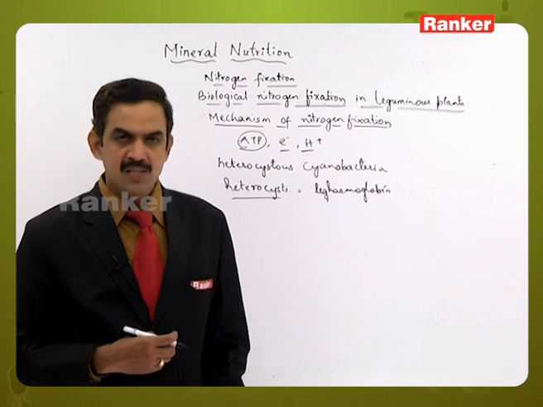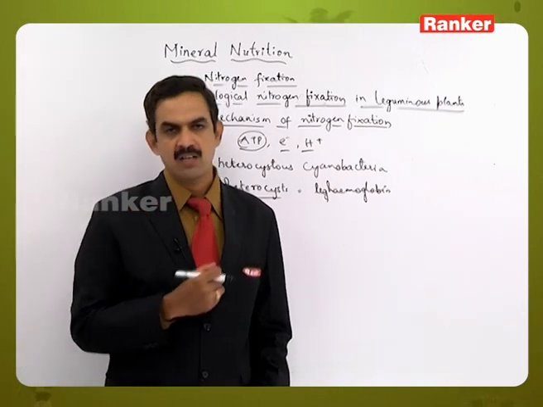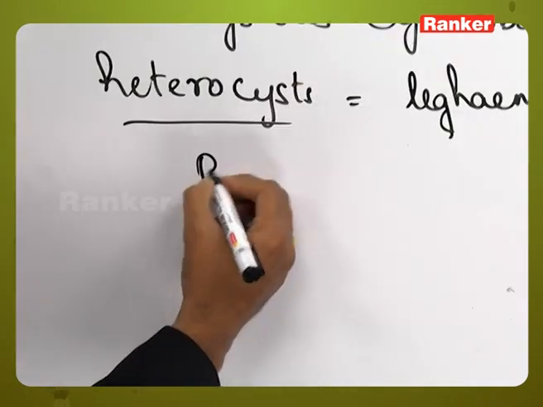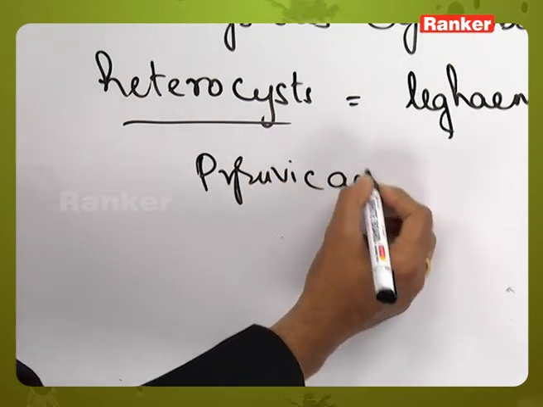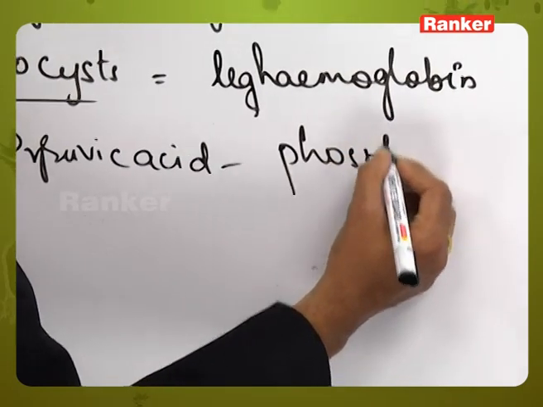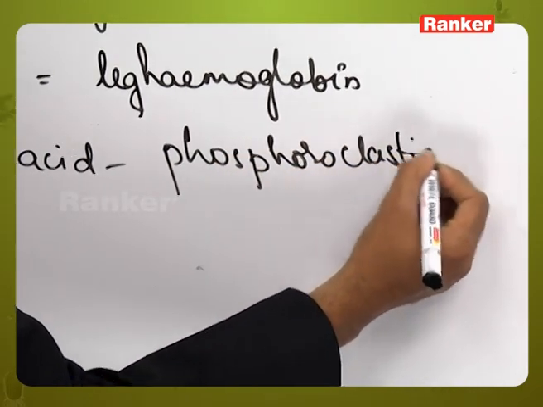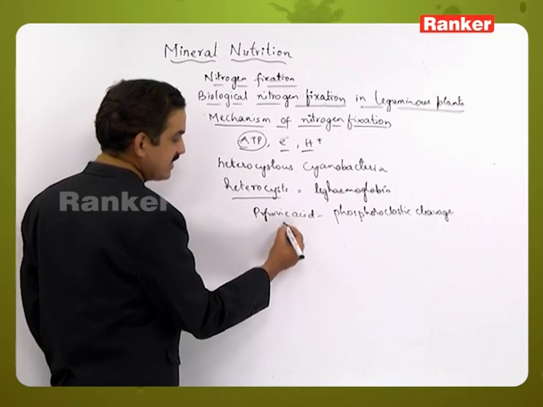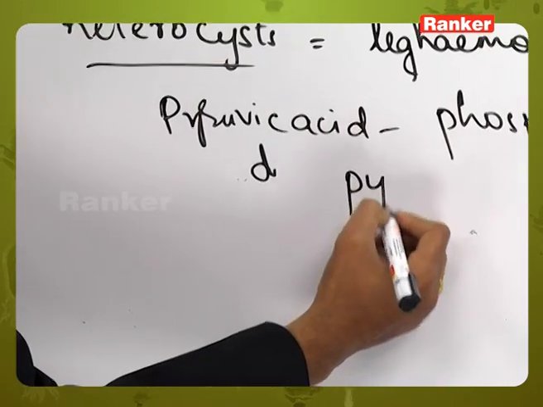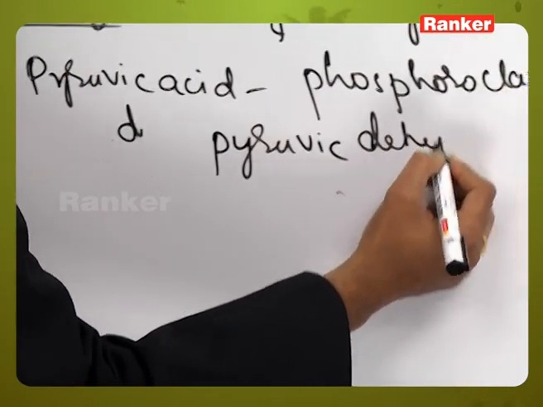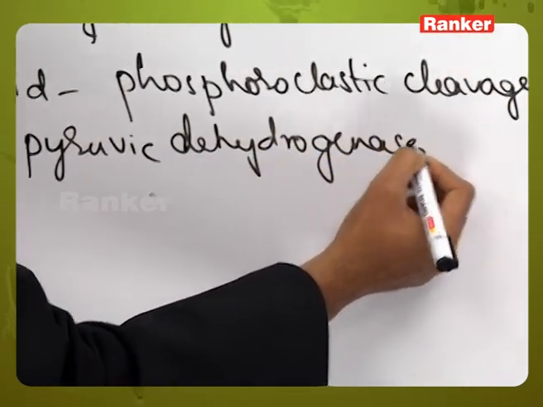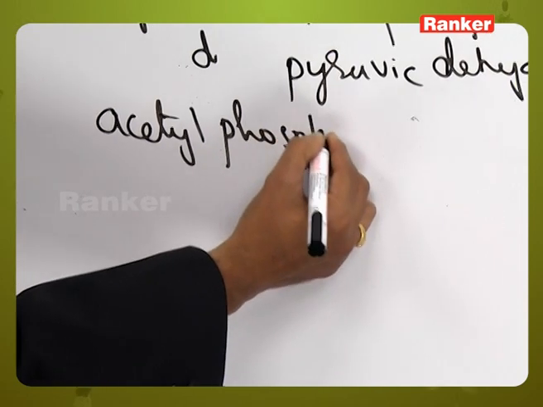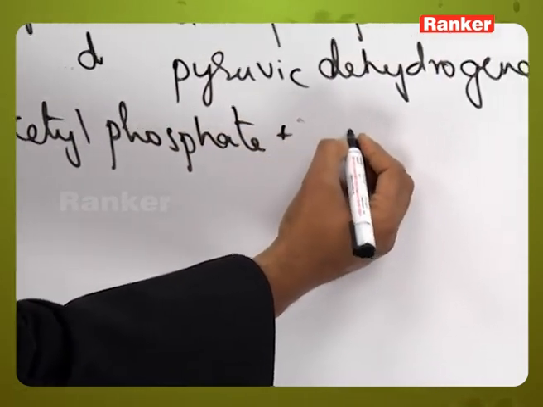The pyruvic acid formed in the process will undergo phosphoroclastic cleavage in the presence of pyruvic dehydrogenase enzyme, and it will be converted into acetyl phosphate and carbon dioxide.